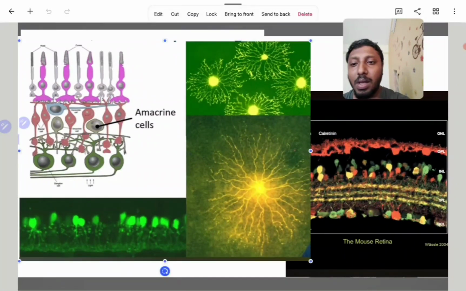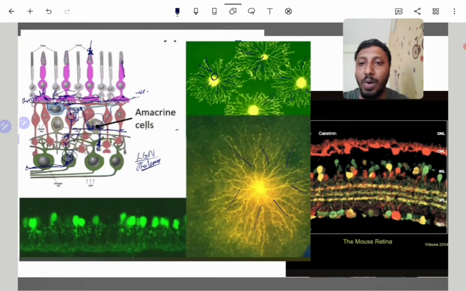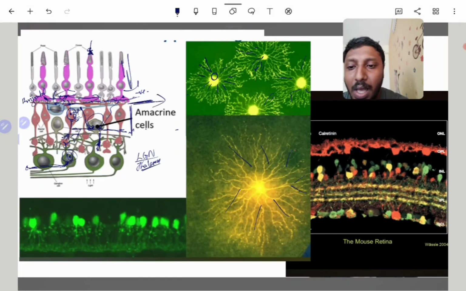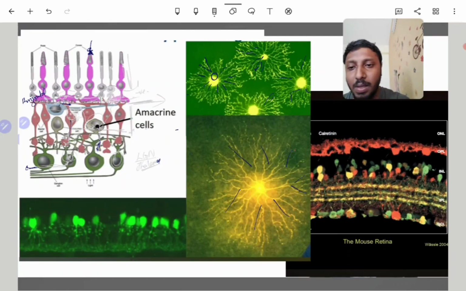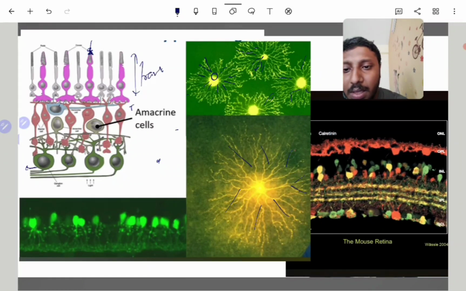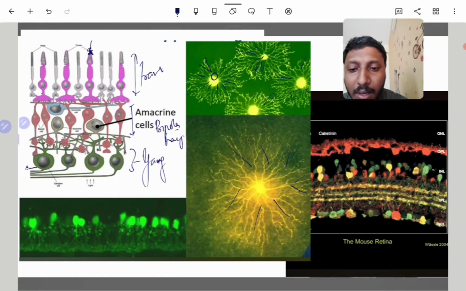Okay, what will be the case? Phototransducer thing, inhibition by the horizontal cells, bipolar cells firing, and to the ganglion cell. Essentially, phototransduction, then bipolar layer, and ganglion layer.